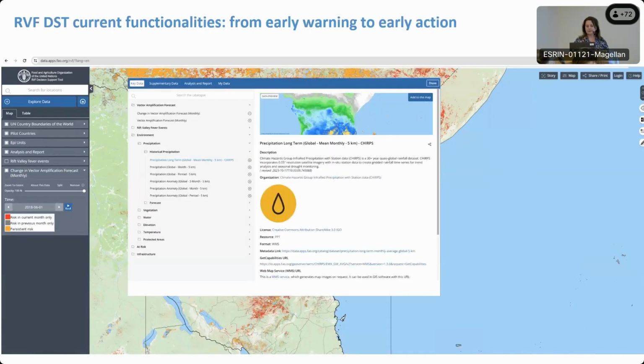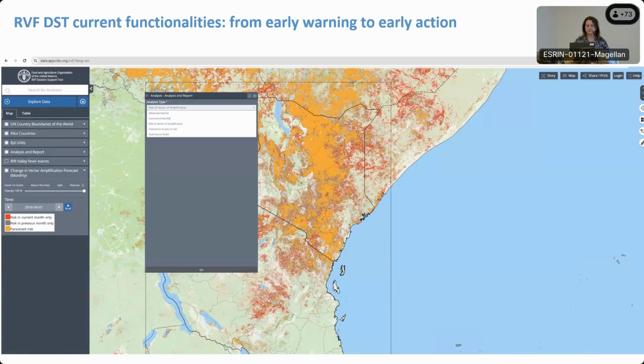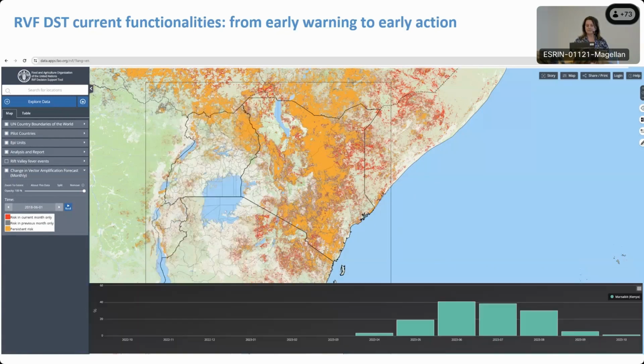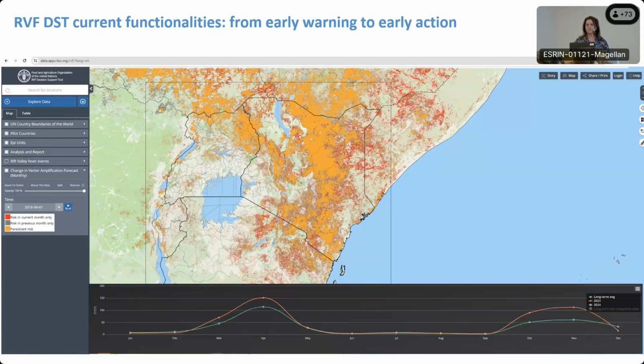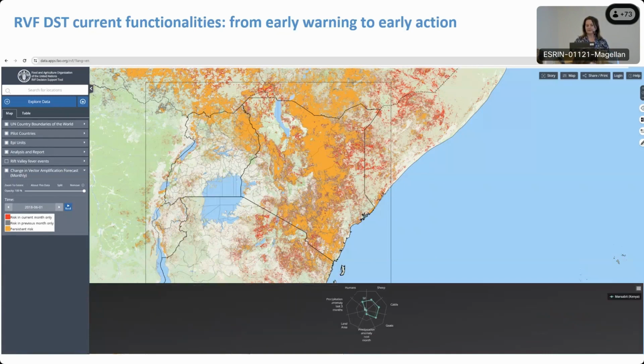This is how it looks. So we have a catalog where we have these risk factors available, and an analytic tool where we can do some analysis to analyze and monitor the trend of the risk, the observed precipitation data as compared to the long-term average for different years, kind of radar charts that help the users.